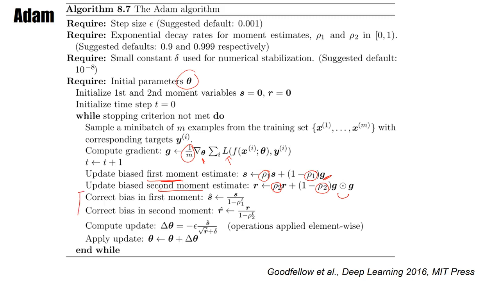And then we don't really need this. The real update step is this estimated mean divided by the square root of the estimated second moment, and again this parameter delta that's used for numerical stabilization. And then this is the final update.